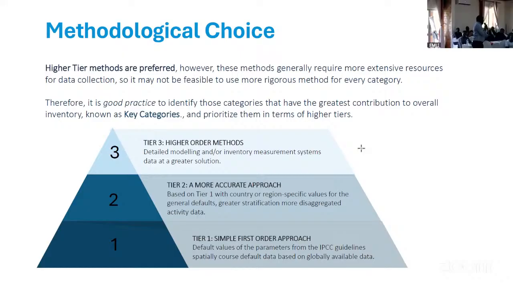In the Tier 1 approach, you have your activity data, and then under the IPCC guidelines, you go to the emission factors. These emission factors are calculated based on measured emissions. So there's an emission factor, for example, for Africa, that we look at for a certain amount of fuel burnt, maybe by this type of car, and what its equivalent is in terms of emissions. So at national level, we are still at this Tier 1.